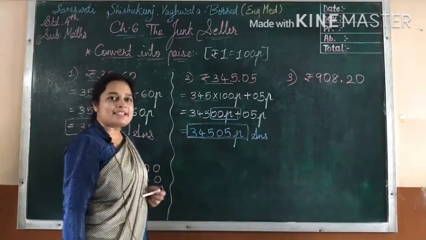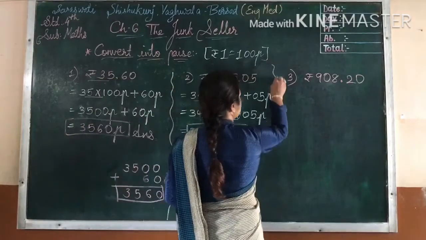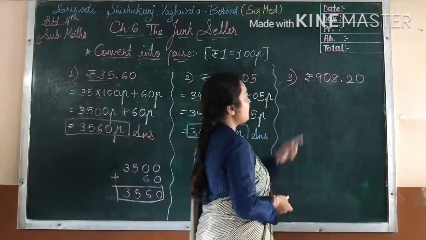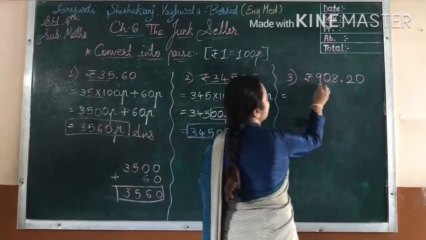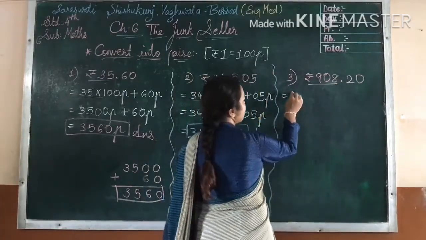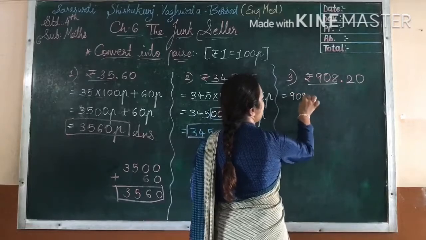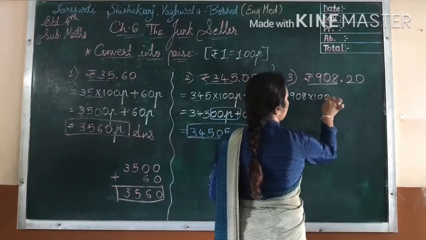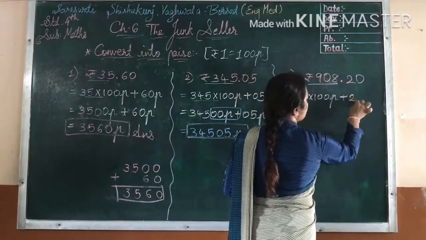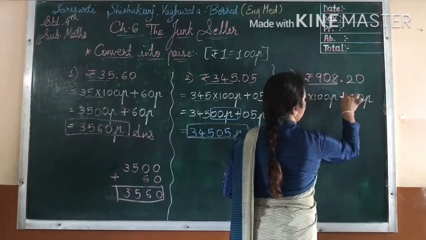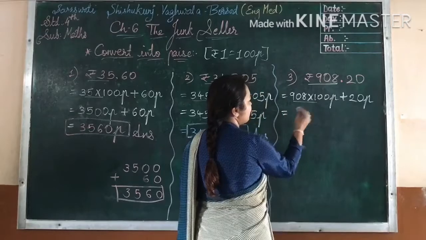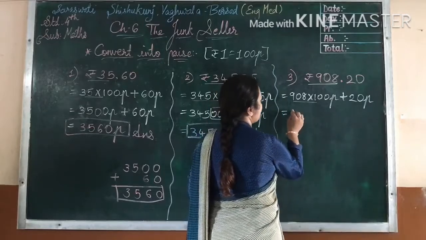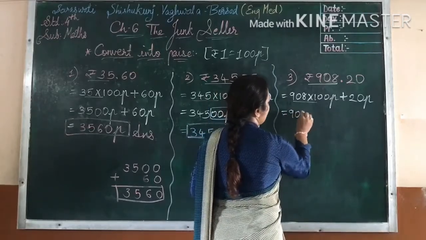Now let's see the next sum. Rupees 908.20. First of all, we will convert 908 into paisa. So 908 multiplied by 100 paisa plus 20 paisa. 908 ones are 908.